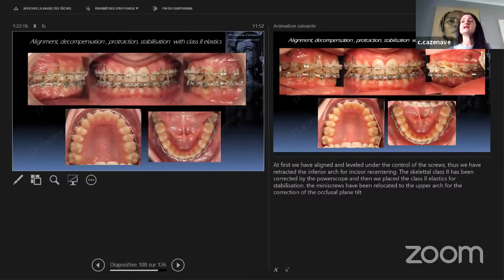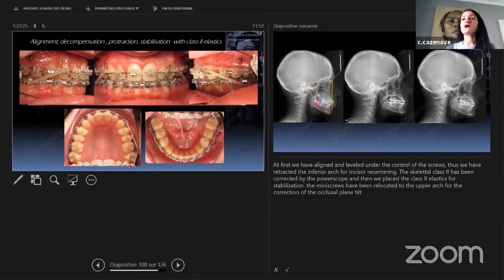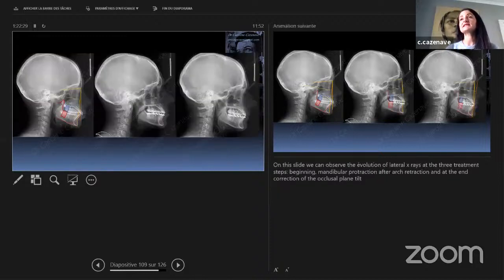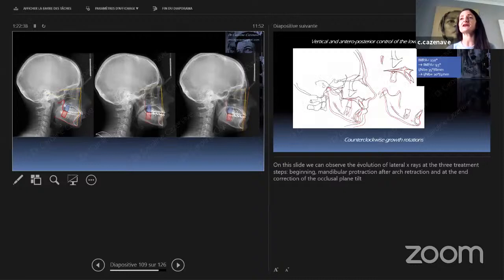The miniscrews have been relocated to the upper arch for the correction of the occlusal plane tilt. On this slide, we can observe the evolution of lateral X-rays at the 3 treatment steps: beginning, mandibular protrusion after arch retraction, and at the end, correction of the occlusal plane tilt.